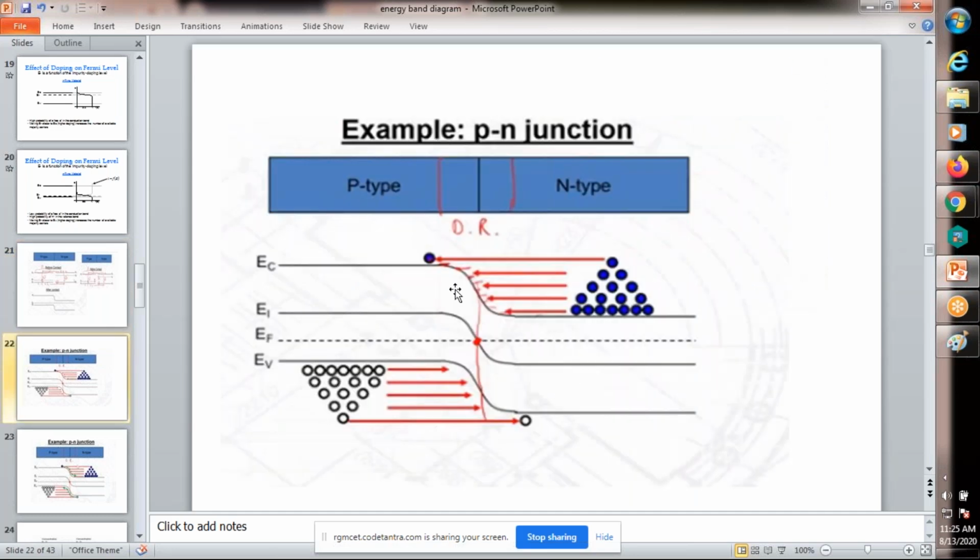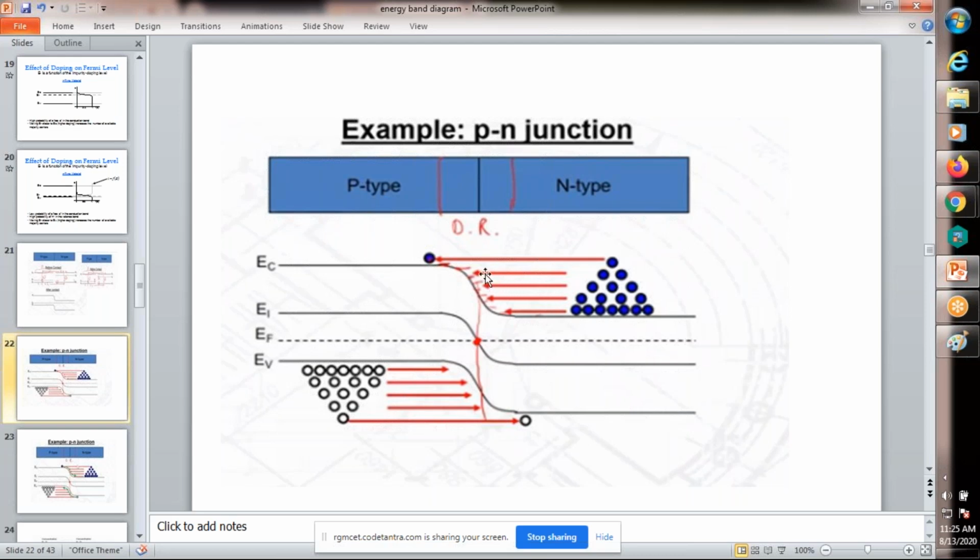Now, whenever band bending takes place, this is under equilibrium condition. Due to this, some electrons diffuse from the n type into the p type, and the holes diffuse from the p type into the n type.